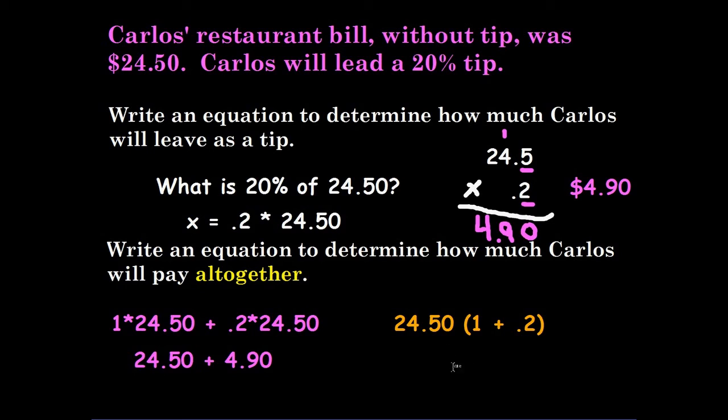So remember this distributive property, because this gets distributed to the 1, like this 1 over here, and this gets distributed to the 2/10, like this 2/10 right over here. But I can rewrite it like this, because remember, we're doing $24.50 times 120%.